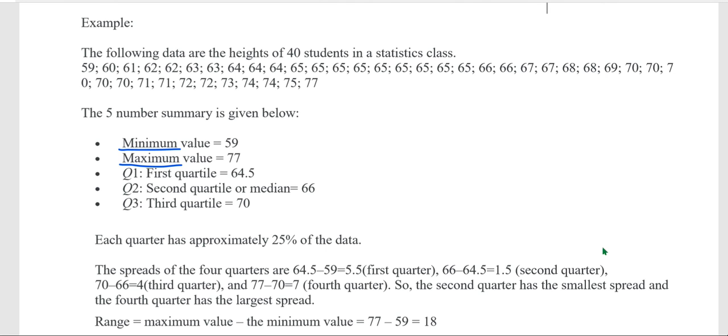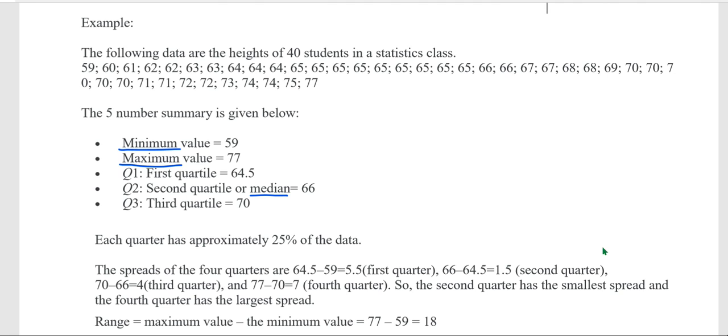The next one that I want you to look at is this word median. We've learned median before, probably back in the early grades. The median means the middle number in a data set. Here's a data set of 40 items. Which number is in the middle?